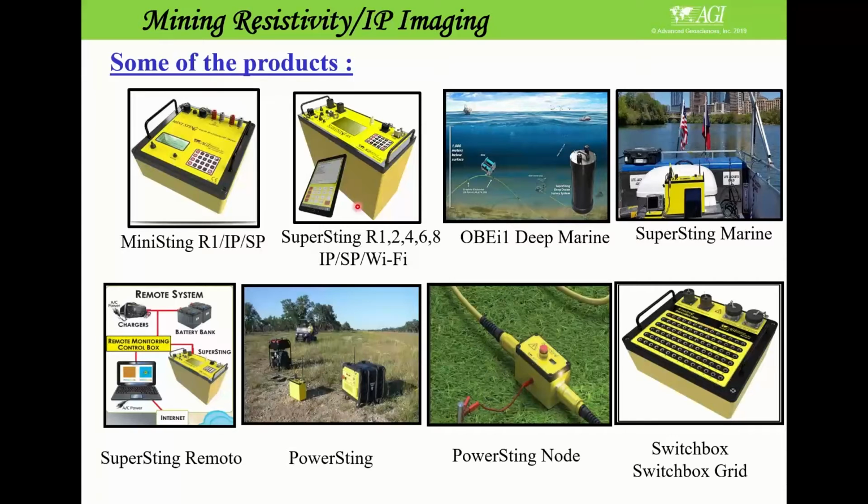There are also cases where you can use our PowerSting, a high power output transmitter. If you want deep studies, or your contact resistance cannot be lowered, the PowerSting, with 5, 10, and 15 kilowatt power outputs, is an external transmitter that can be used together with SuperSting.